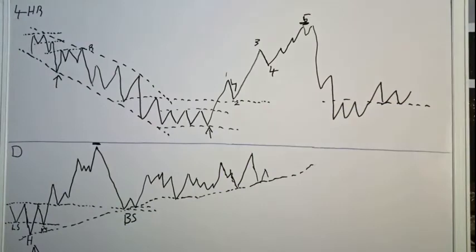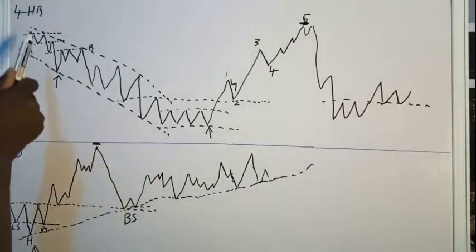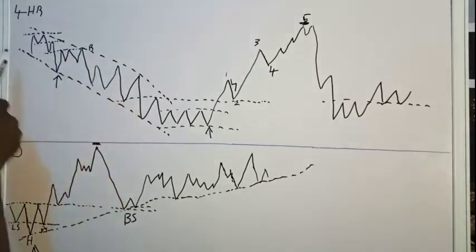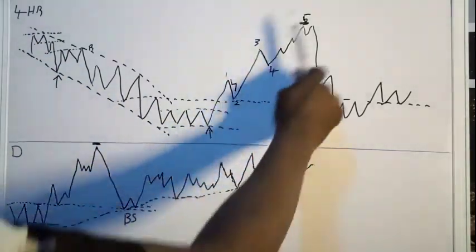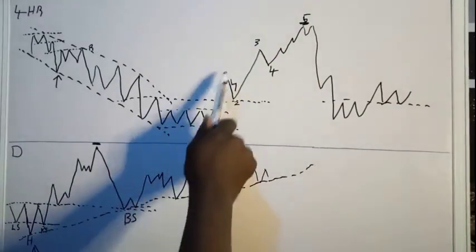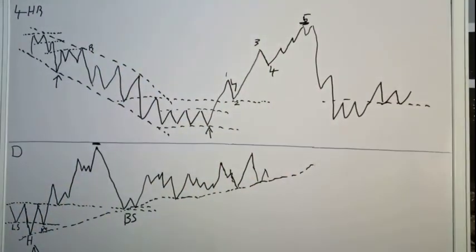Remember, we previously analyzed the market on the daily chart and we discovered that the overall trend is bullish. Now going back to the 4-hour chart, we had a bearish channel, a consolidation, and an up move, giving us the 5-wave pattern.